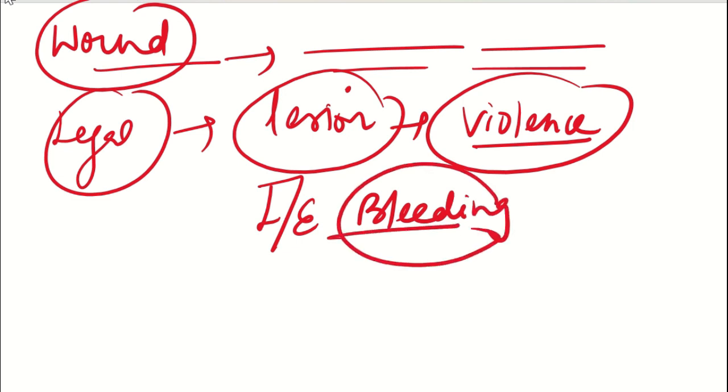And this bleeding is not necessary. It may be present or it may be absent. So these are lesions produced as an effect of violence, characterized by internal or external bleeding, which may or may not be present.